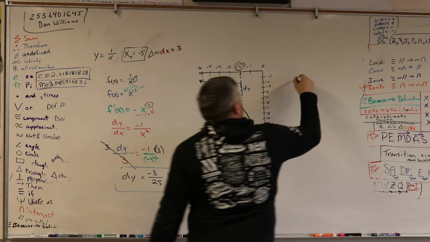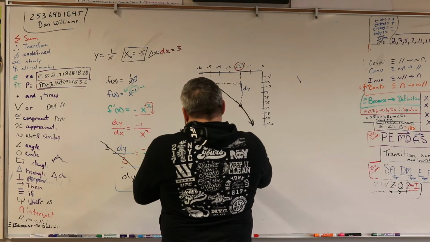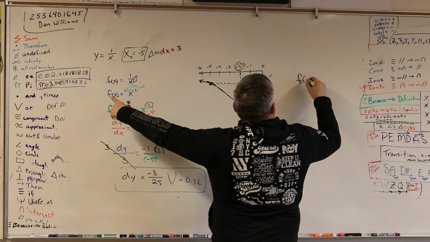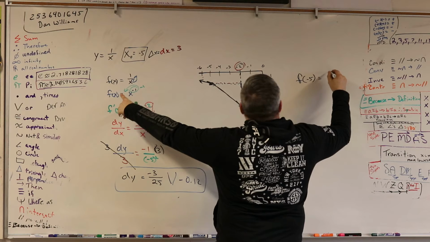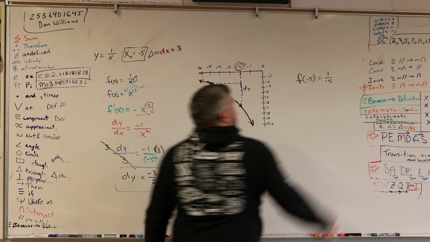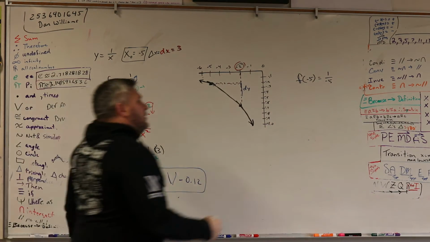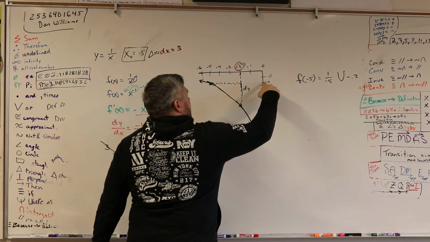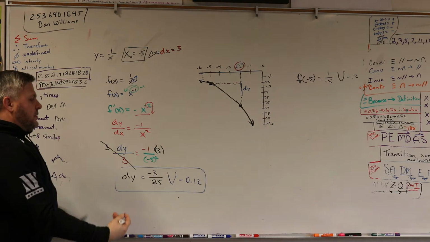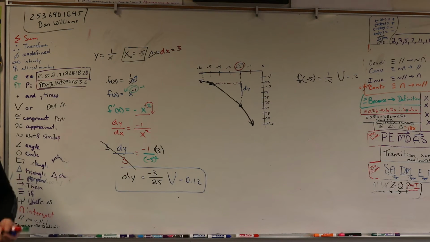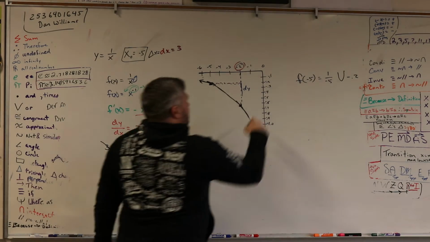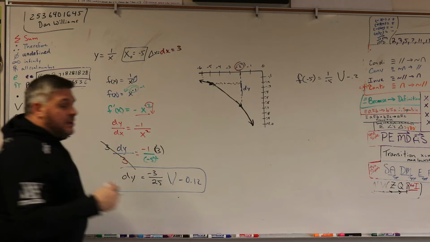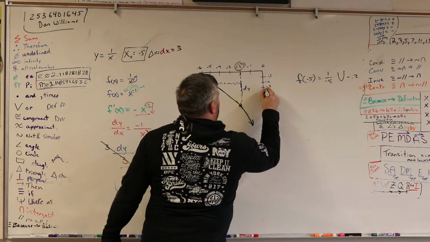So f of negative 5 is equal to 1 over negative 5, right? Or negative 0.2, which is right here. If I come down the dy, which is negative 0.12, I'm going to come down a little bit past the 0.3, right? 0.2 past it, right? Does that make sense? So I'm coming down to about right about here.